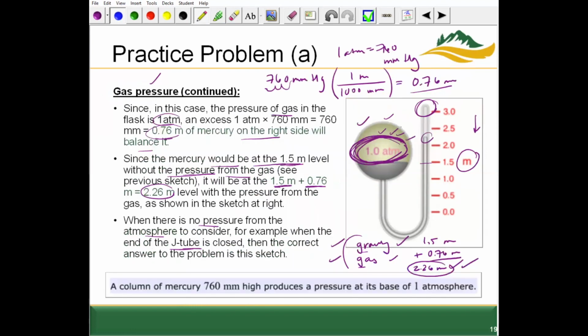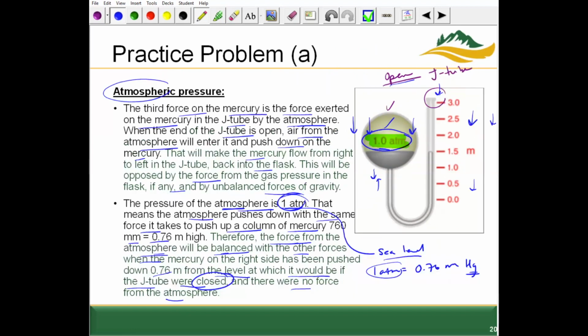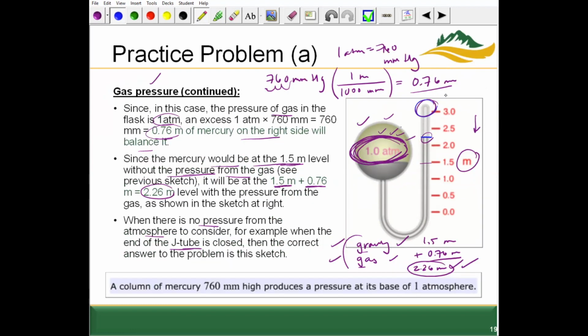So for our closed tube, we knew that with gravity and the gas, this was at 2.26 meters. Now though, when it's an open tube, we have an additional 0.76 meters, or an additional 1 atmosphere of pressure, pushing in this direction on the mercury. So for the closed tube, it was 2.26 meters.